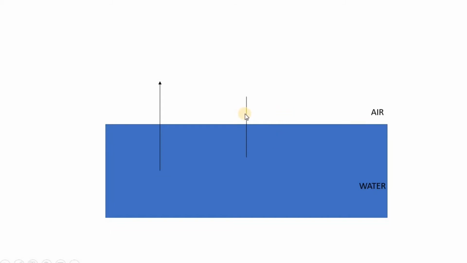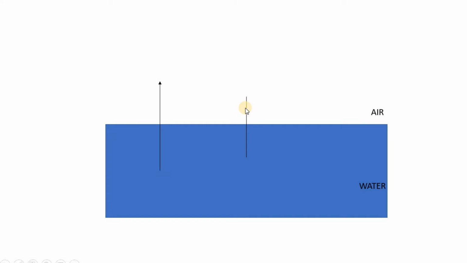You understand what a normal is? We have water here, we have air. These are the two media, and we have an imaginary separation here. This line is the perpendicular drawn to the separation of these two media.